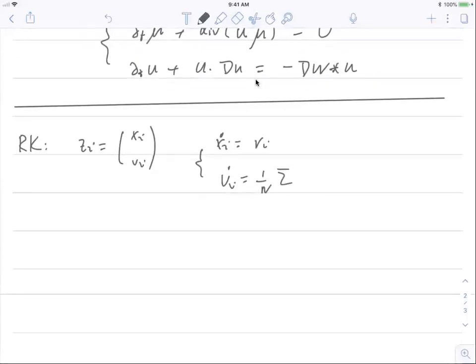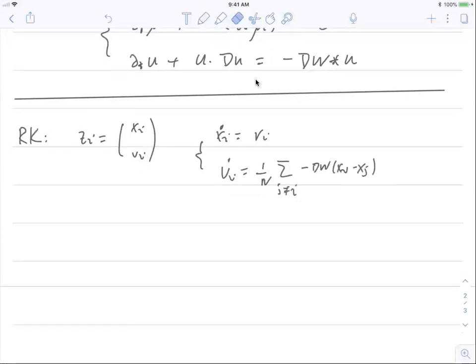It's not a gradient flow here. The interaction between two particles is given by the negative gradient of some interaction energy. So in this case, it's minus gradient of omega of x_i minus x_j, where j not equal to i. So this is the Newton dynamics.